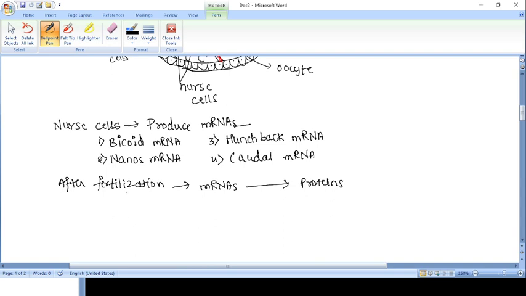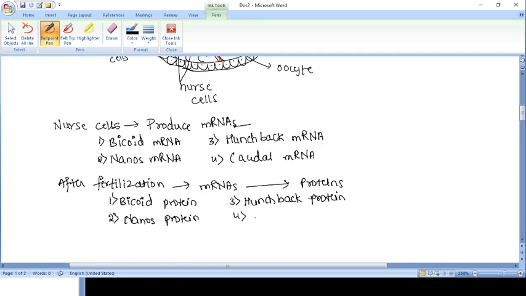Now, inside the oocyte, there is the presence of the proteins: bicoid protein, nanos protein, hunchback protein, caudal protein. These are the proteins which are present inside the oocyte after fertilization.